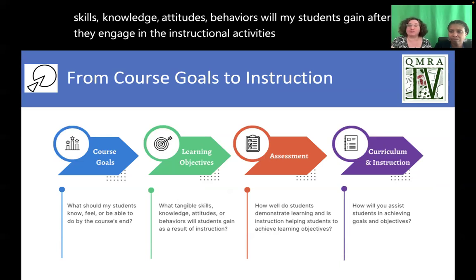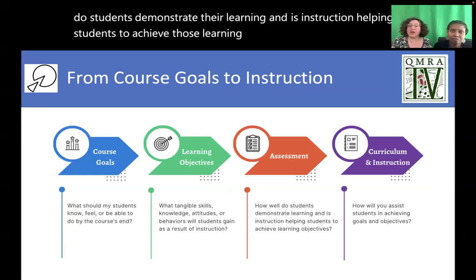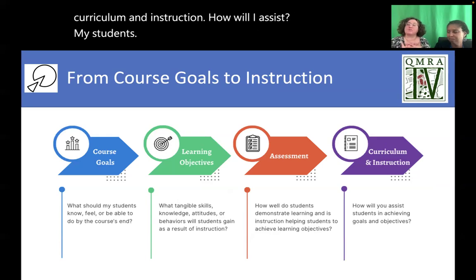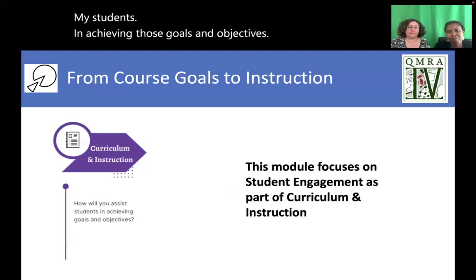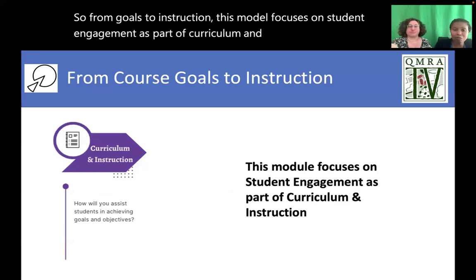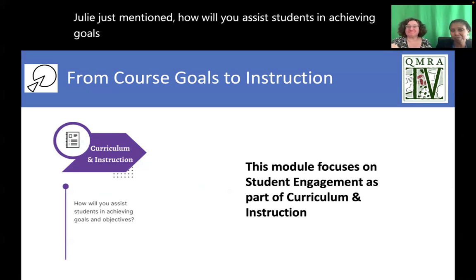Assessment. How well do students demonstrate their learning? And is instruction helping students to achieve those learning objectives? And then curriculum and instruction. How will I assist my students in achieving those goals and objectives? So from goals to instruction, this module focuses on student engagement as part of curriculum and instruction.